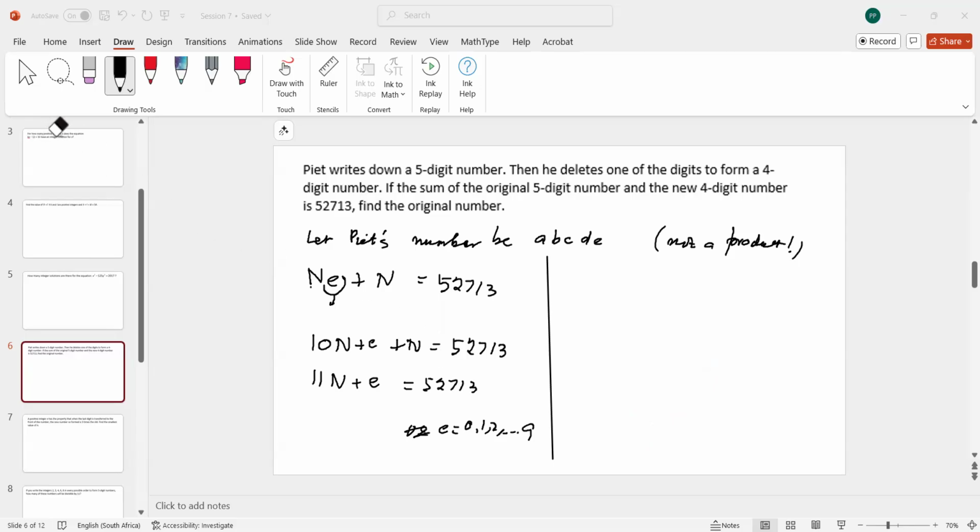You see, you got a large number, 52713, and it's written as 11N plus E, where E is smaller than 11. I want you to notice that.